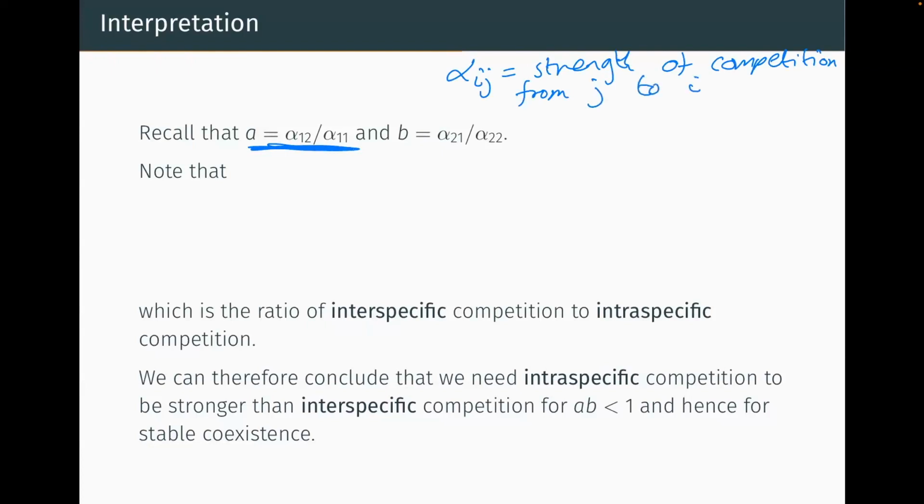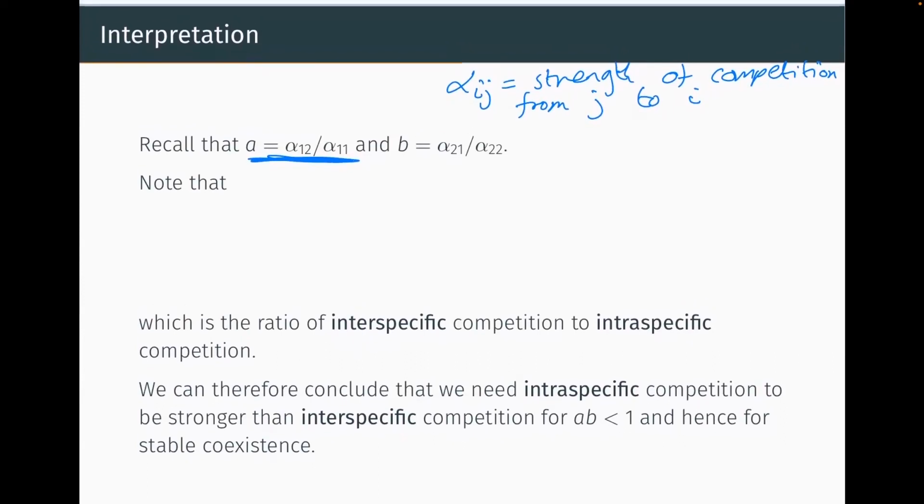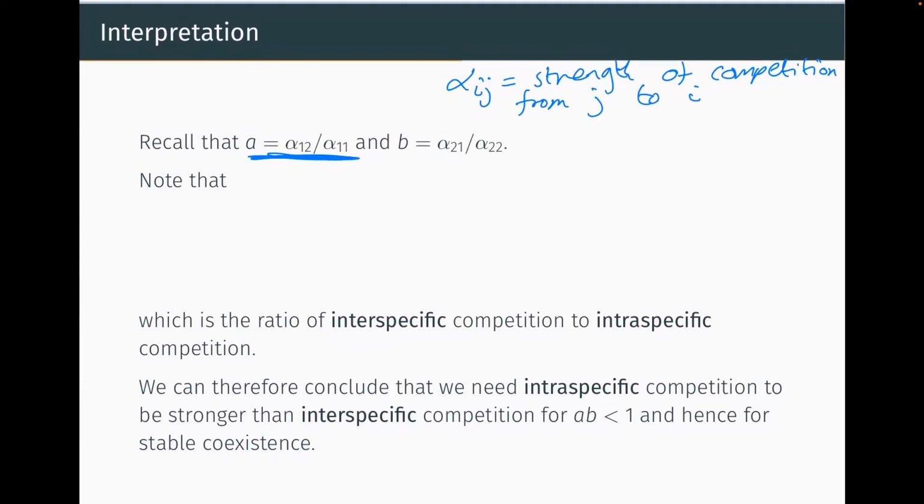So alpha 1,1 is the strength of competition between individuals of species 1. Alpha 1,2 is saying what is the relative impact of species 2 on species 1, so how much individuals from species 2 are harming the growth rate of species 1.